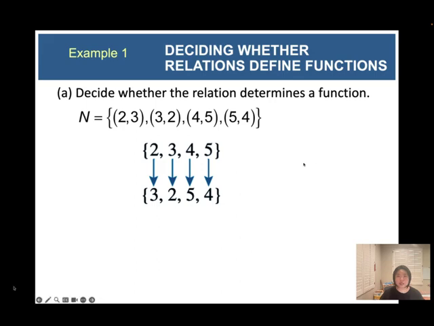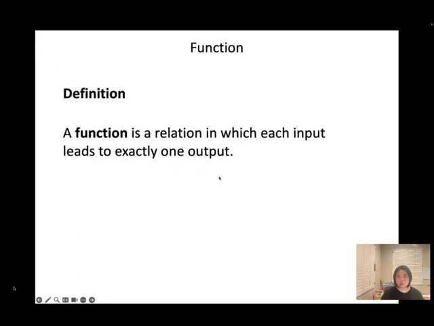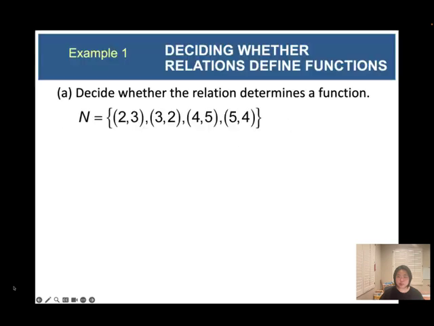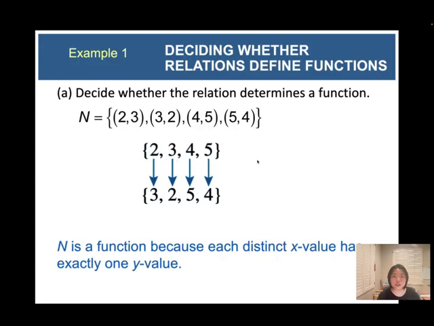You can see each value of x only has one output of y. So by the definition, a function is a relation in which each input leads to exactly one output. So we call this a function because each x value has exactly one y value.